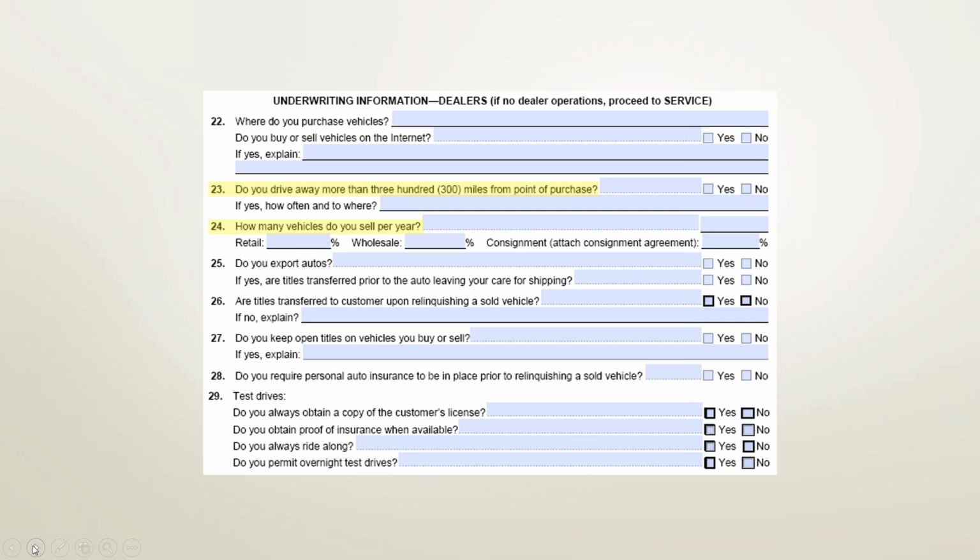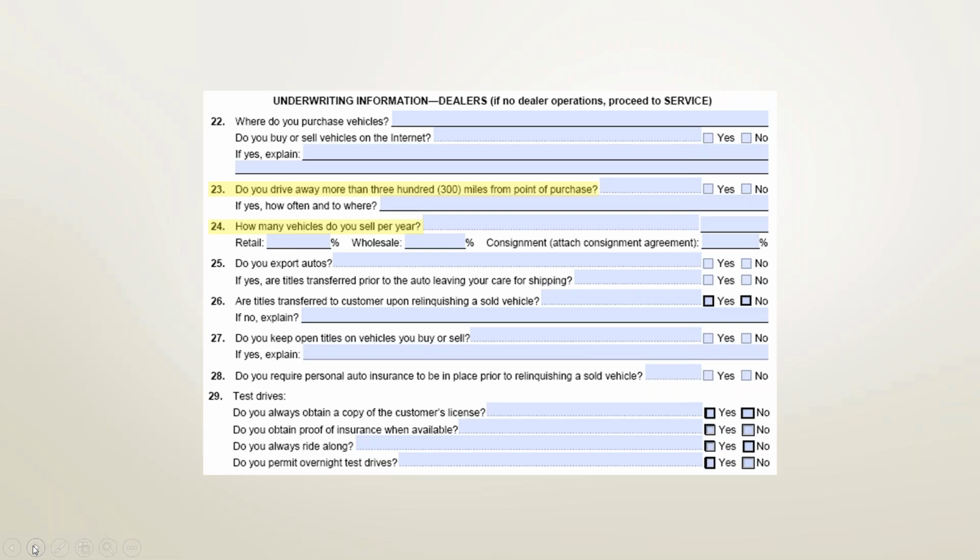And the number of vehicles sold per year is a factor in determining where I can take a risk, and the percentages below that are also a factor in how I can rate the risk. So retail would be your normal dealership where they sell to the general public. A wholesale dealership is when they sell to other dealerships and not the general public.